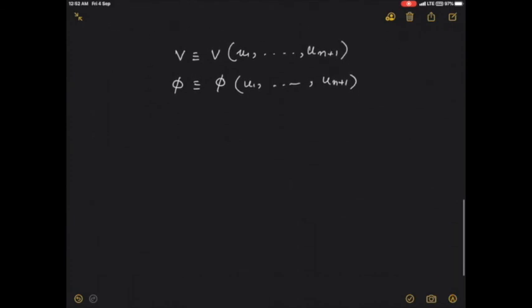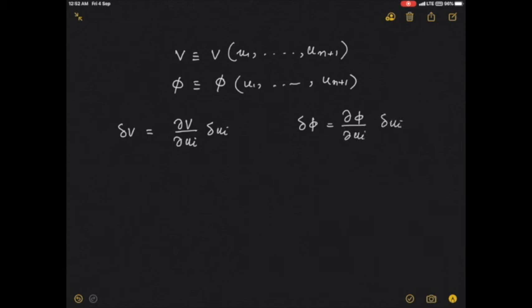And the principle of virtual work gives me two things. One is that delta v is del v del ui delta ui, and delta phi is del phi del ui delta ui. Okay. So it gives me these two things.